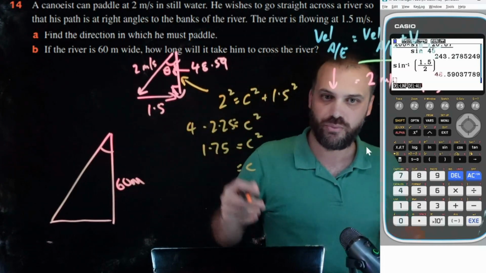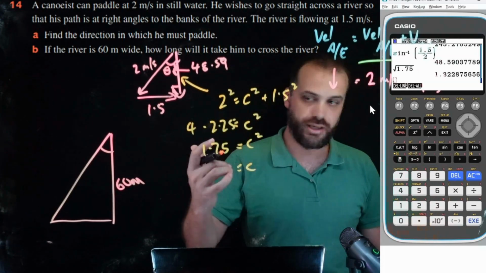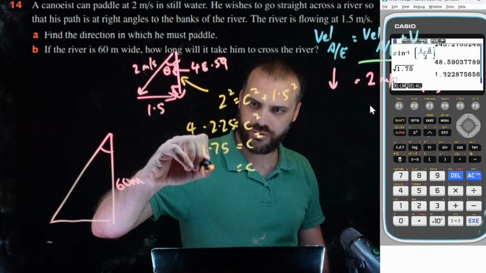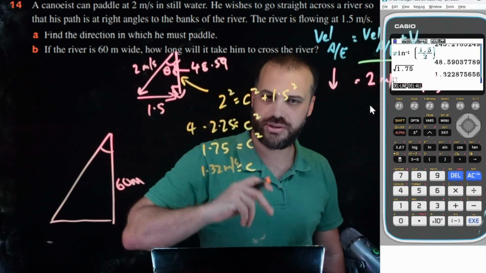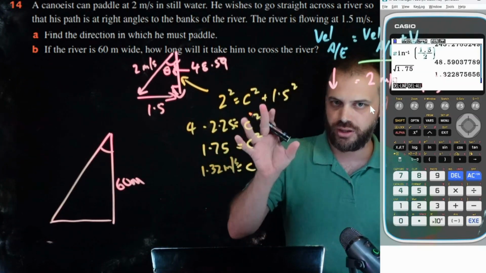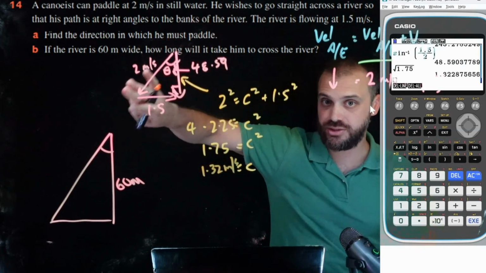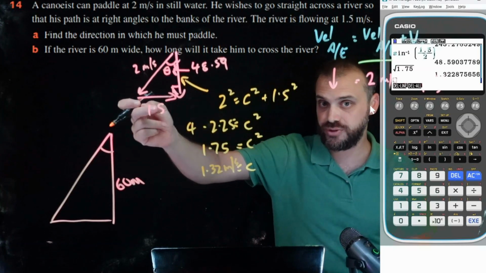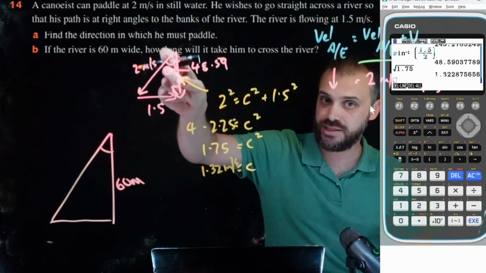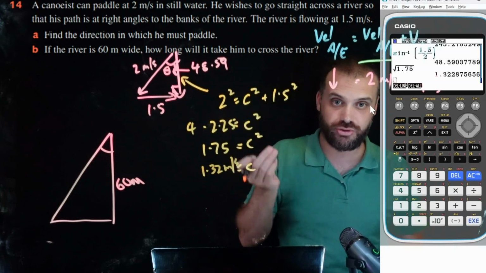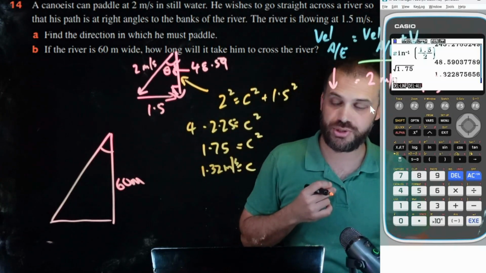So c, which is the speed of this rower, is going to be 1.32 meters per second. Okay, let's just check this out a little bit. They've got to row against the current here, and the river's pushing them this way. It makes sense that they're going to be making slower progress across here. So 1.32 meters per second.